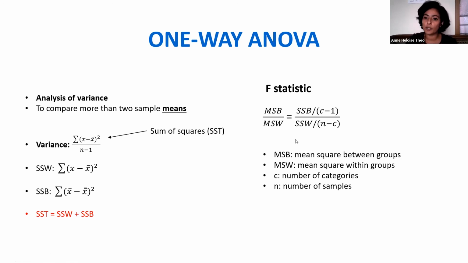And the sum of squares within groups is divided by N minus C, where N is the total number of samples you have. So if we had 5 leopards at each of the 3 sites, that would be 15 minus the number of categories. Basically, C minus 1 and N minus C represent the degrees of freedom for these particular calculations for the sum of squares.